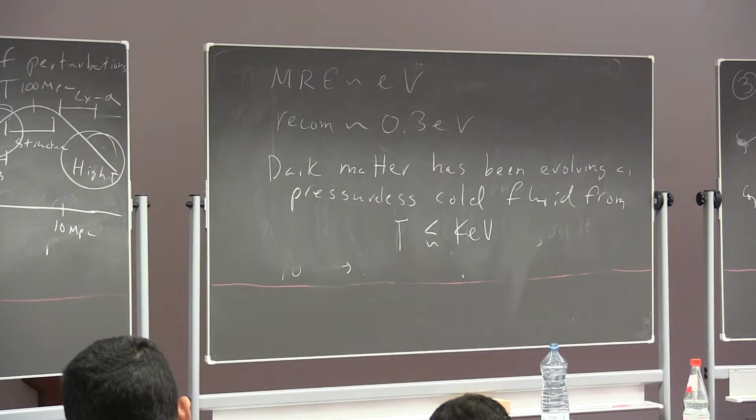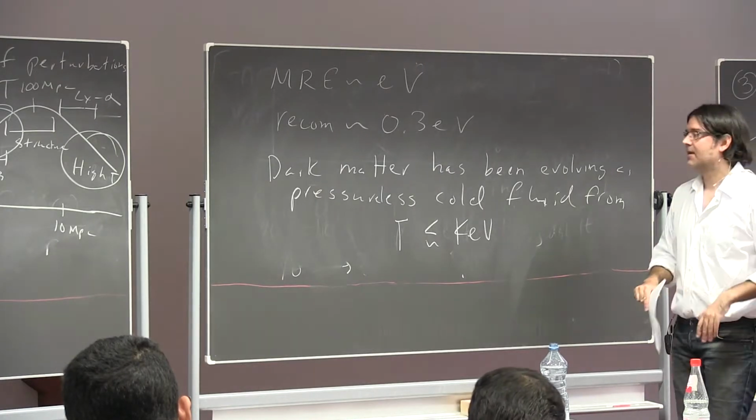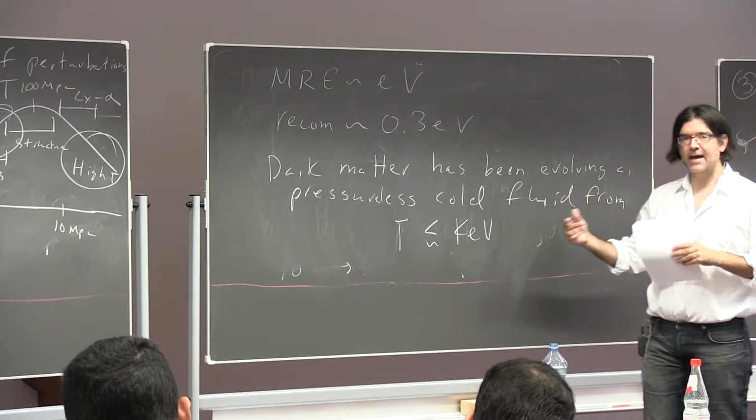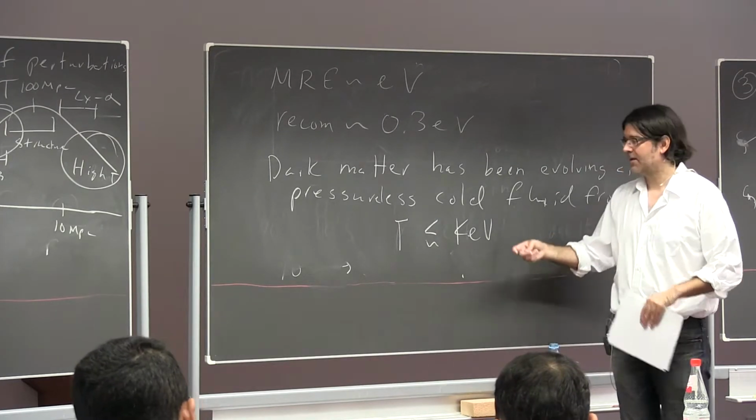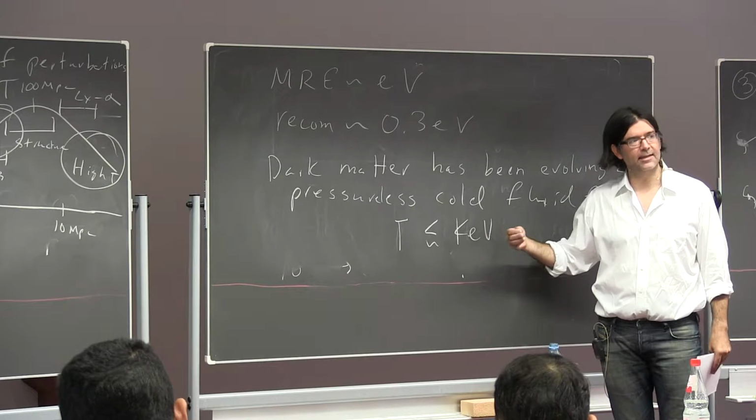So the upshot of this is that dark matter, cold dark matter, has basically been cold dark matter from temperatures of about a keV and later.